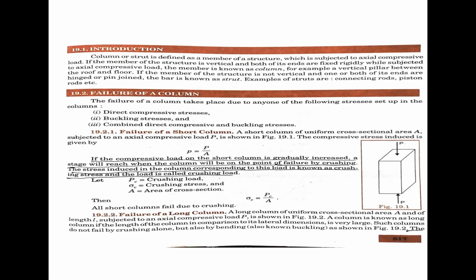There are three types of supports for columns: fixed support, hinged support, and another one, roller support. These supports give support for beam to column. The supports are used for structural members.